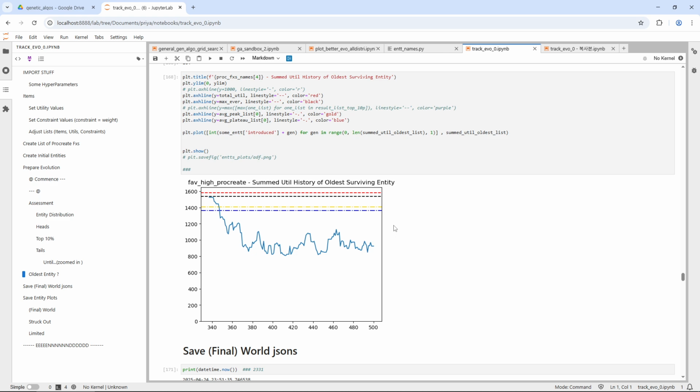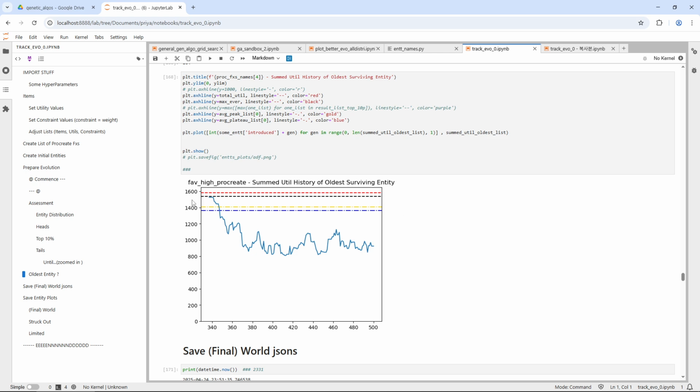And since the mutation rate is 0.03 or 3%, and there are 50 items, on average there will be 1.5 genes being mutated.